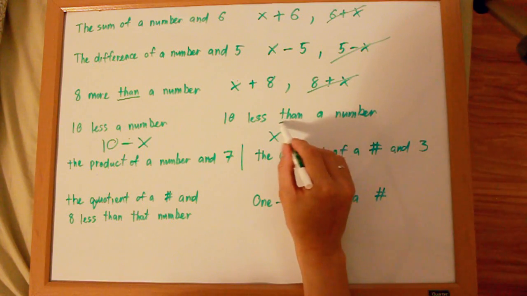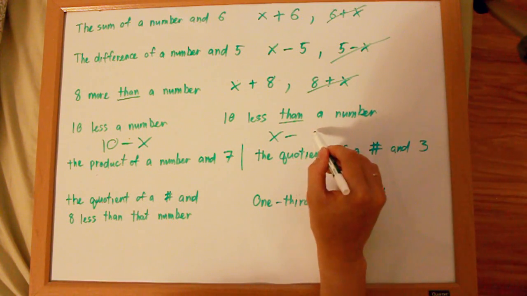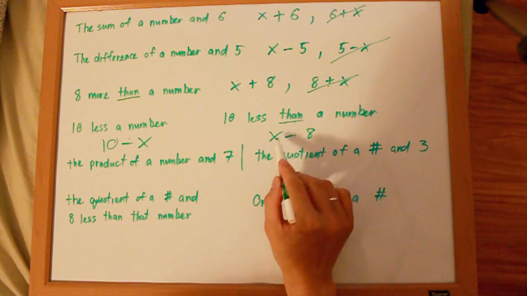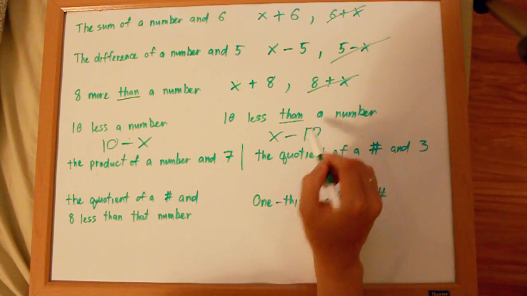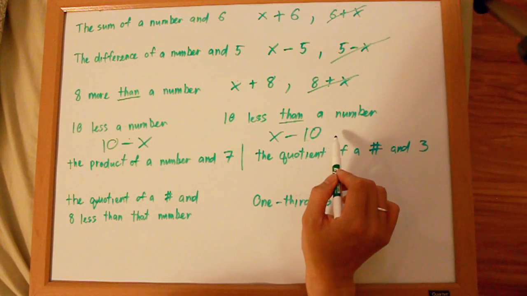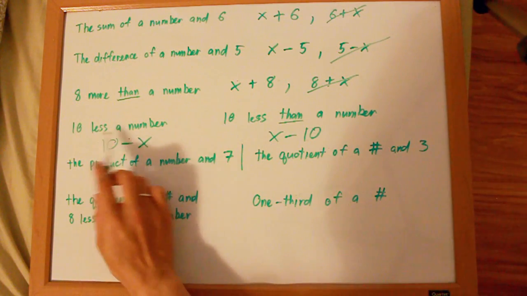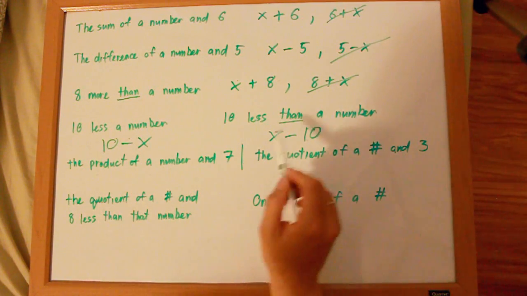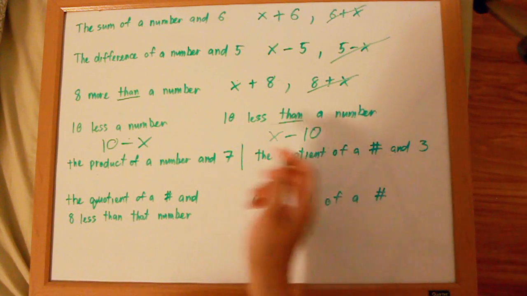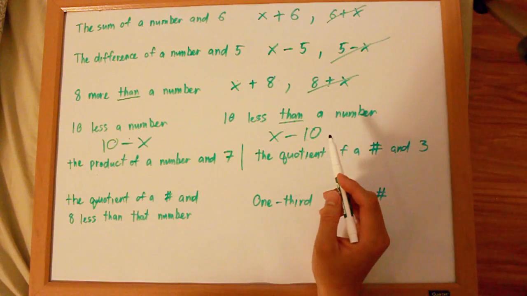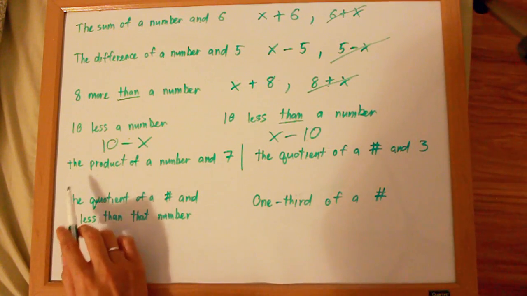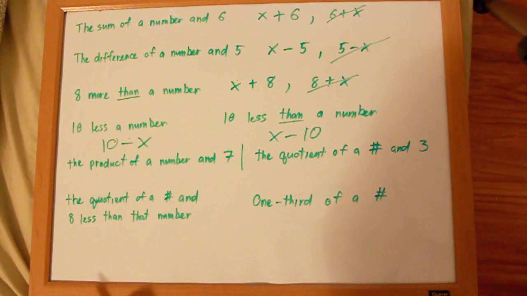So with than, you put the variable in front, minus 10. I know it's kind of weird, but get used to seeing it in this way, because you will see it.